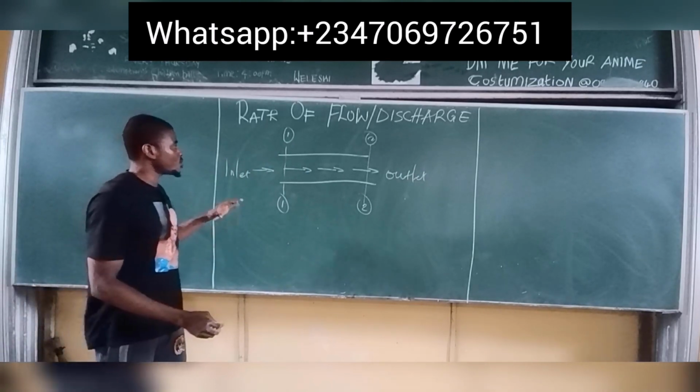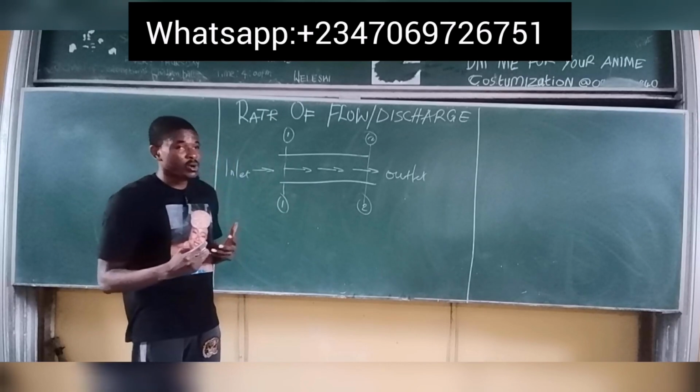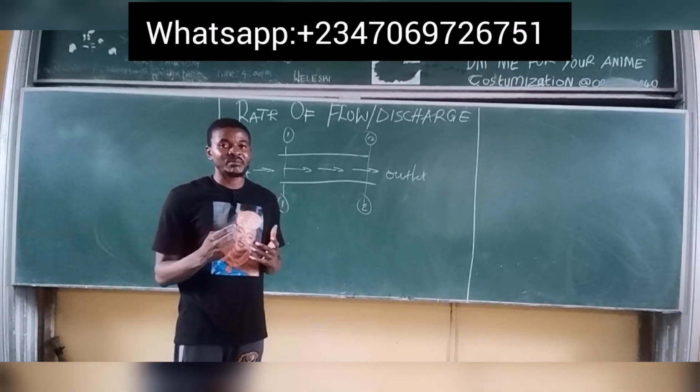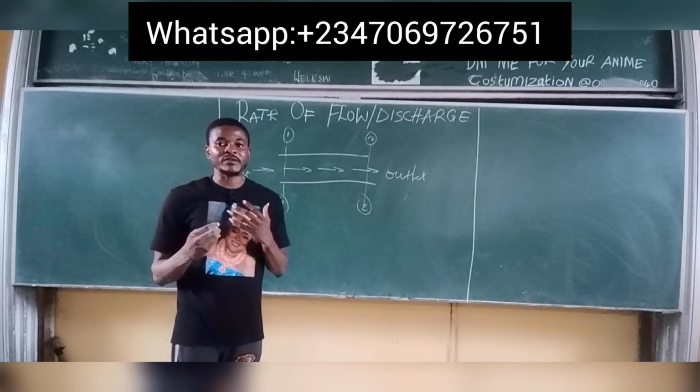So the intensity at which this fluid flows through this pipe within a given time is simply called the rate of flow, and it can be expressed mathematically as the area of the pipe multiplied by the speed of flow of the fluid.